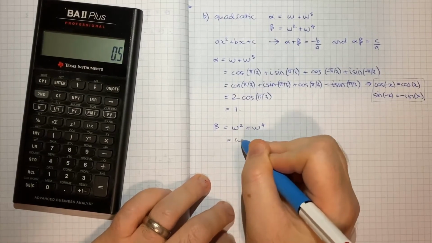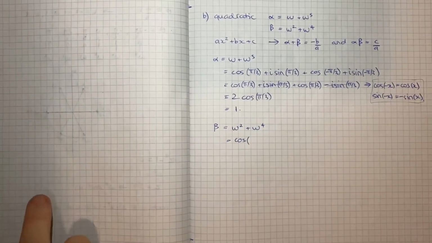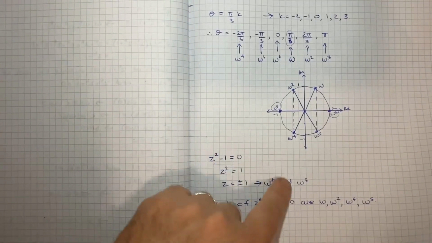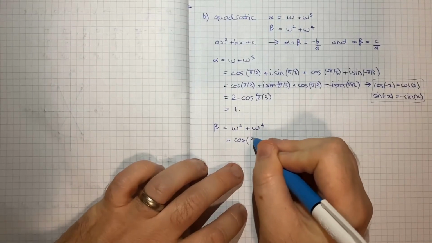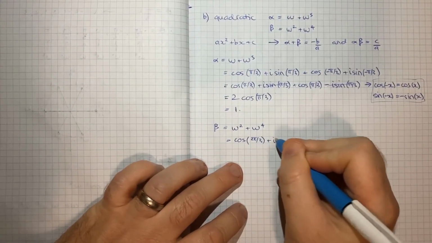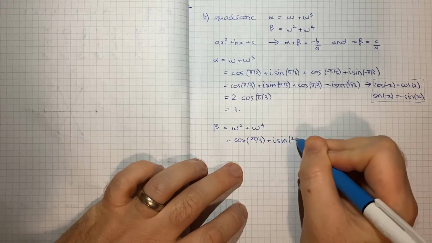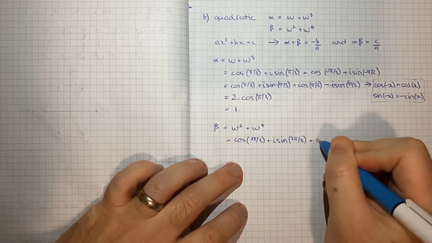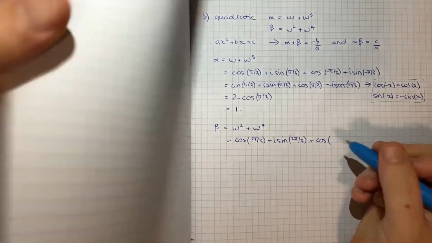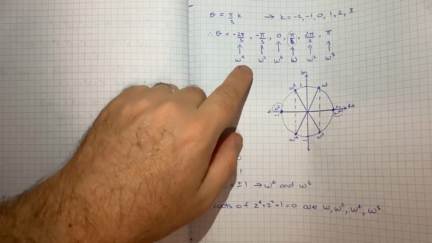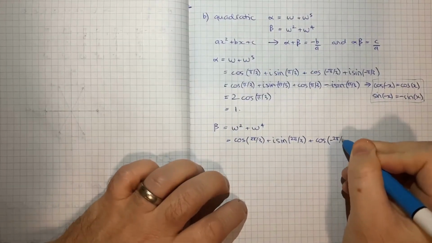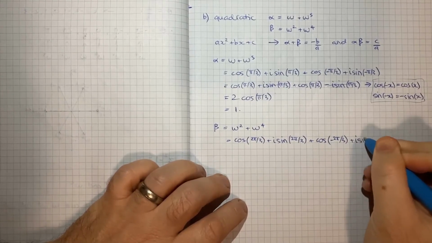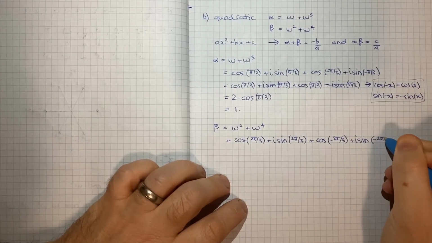If we look at beta, equal to w squared plus w to the 4. So that's going to be cos of 2 pi on 3 plus i sine 2 pi on 3, plus cos of negative 2 pi on 3 plus i sine negative 2 pi on 3.